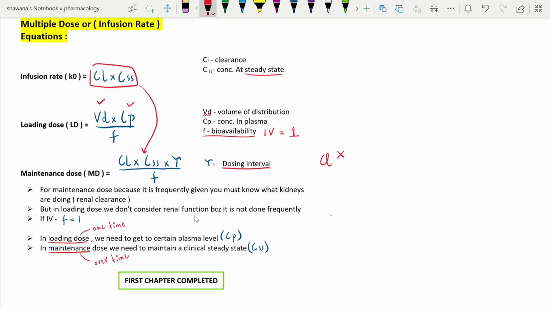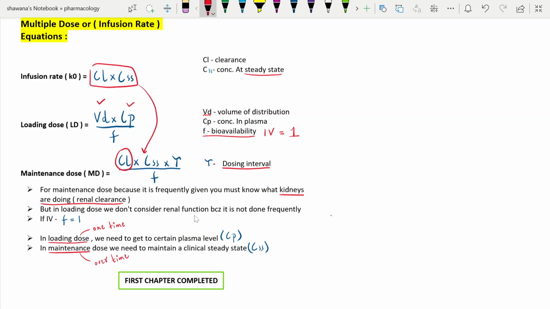One more thing worth mentioning is that in the maintenance dose, we are giving the drug frequently, after each dosing interval. So we need to keep in mind what the kidneys are doing to our drug. We need to keep in mind the renal clearance. In maintenance dose, renal clearance is very important because we are giving such drugs frequently.